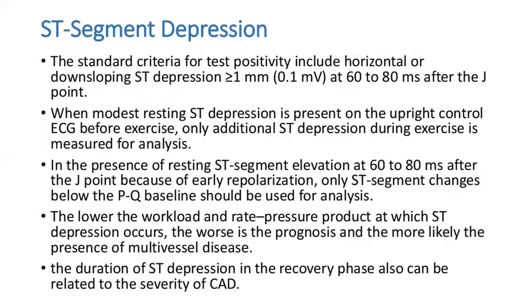ST segment depression. The standard criteria for test positivity include horizontal or downsloping ST depression above 1 mm at 60 to 80 ms after the J point. When modest resting ST depression is present on the upright control ECG before exercise, only additional ST depression during exercise is measured for analysis.